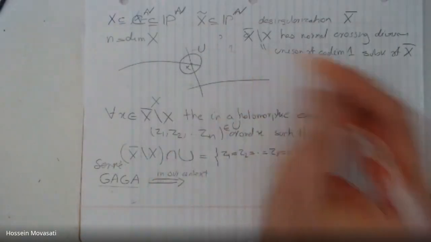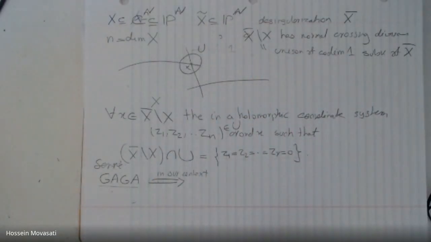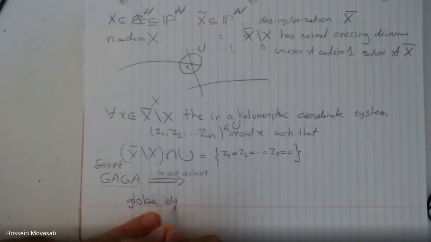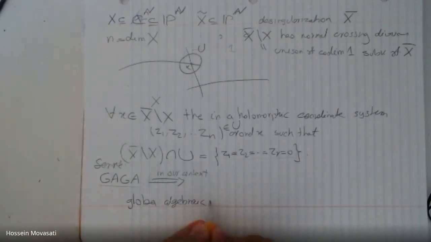At the end, the desingularization itself is algebraic. What is in our context? Global algebraic N-forms in X.